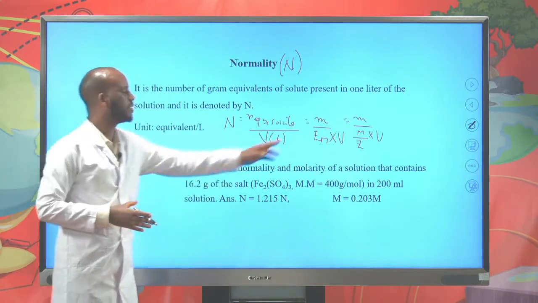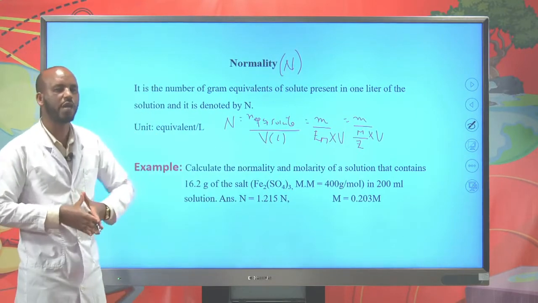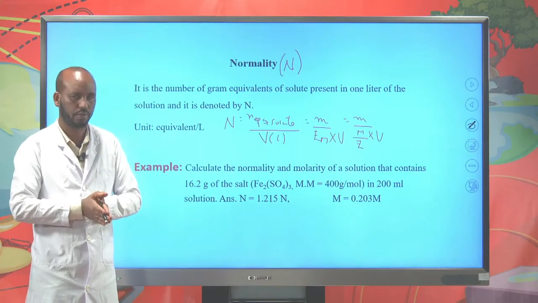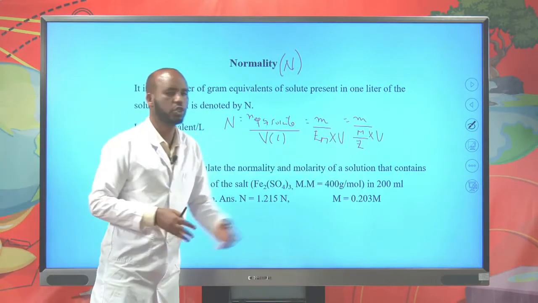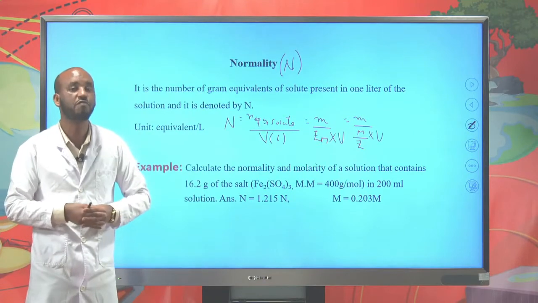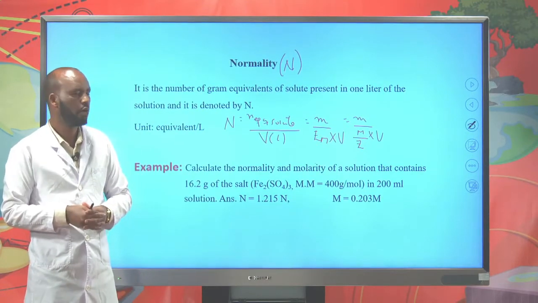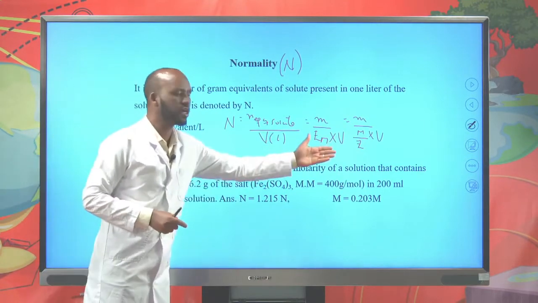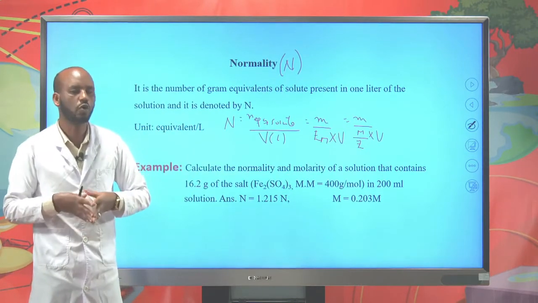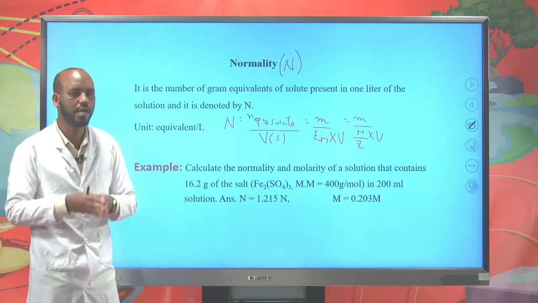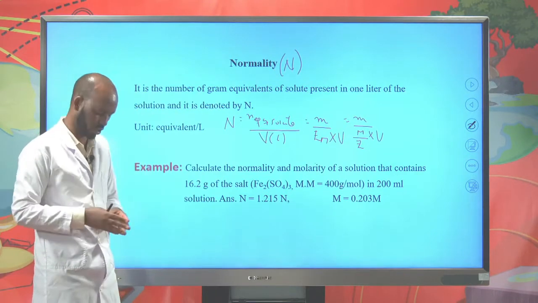For a base, Z is the number of OH minus furnished by the given base. For a salt, Z is the total positive valency. For an oxidation reduction reaction, Z is the total number of electrons gained or released.